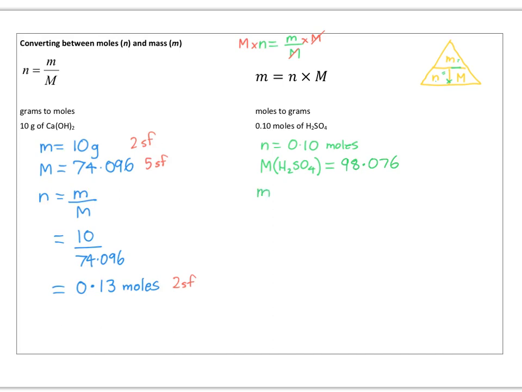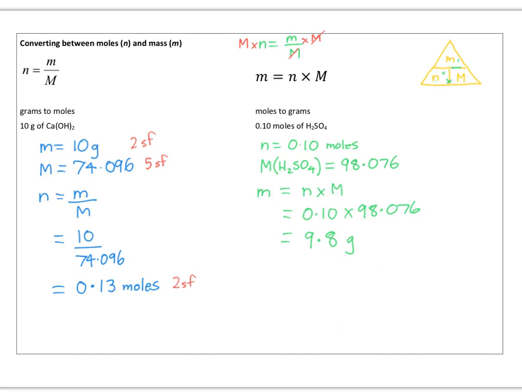So the mass of sulfuric acid would be equal to, do all the steps, the number of moles times the molar mass, which would be equal to 0.10 times 98.076, which would be equal to 9.8 grams of sulfuric acid.